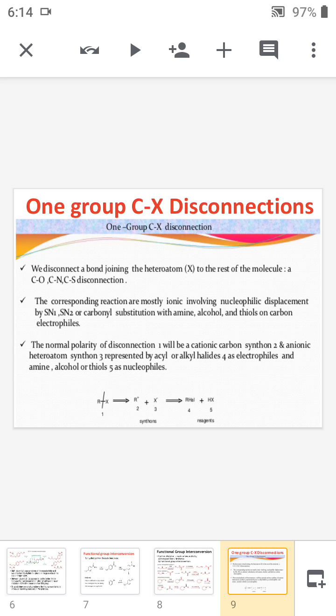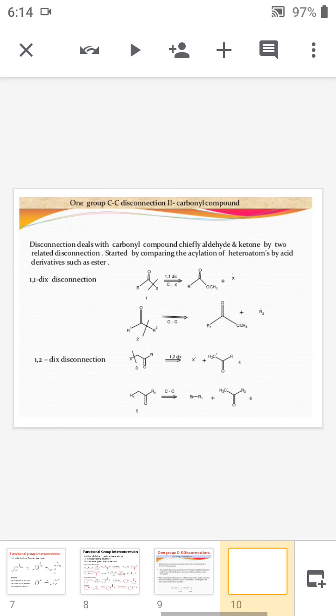For example, if you are disconnecting a carbonyl compound by using the one-group disconnection, that is the C-X disconnection, we will get RCO plus and X minus. We have to develop this and we will get esters and HX. So this disconnection is known as a 1,1 disconnection because the X group is directly connected to the carbonyl group.